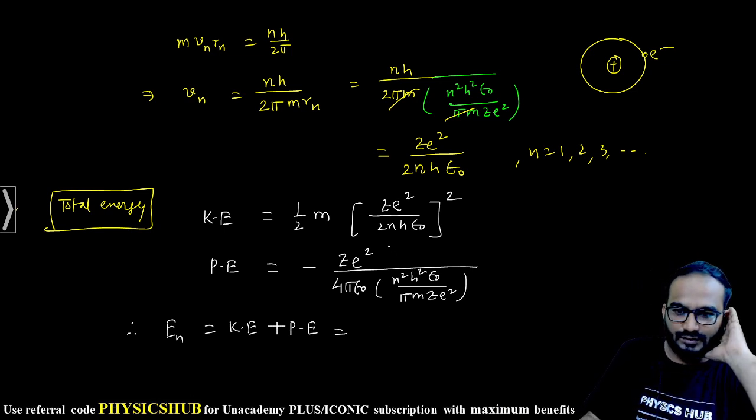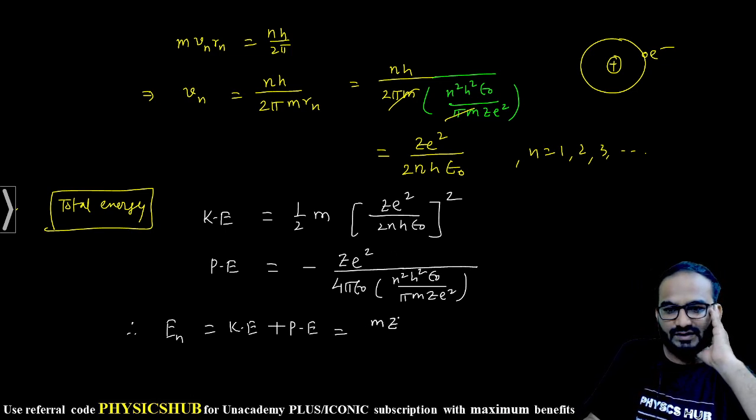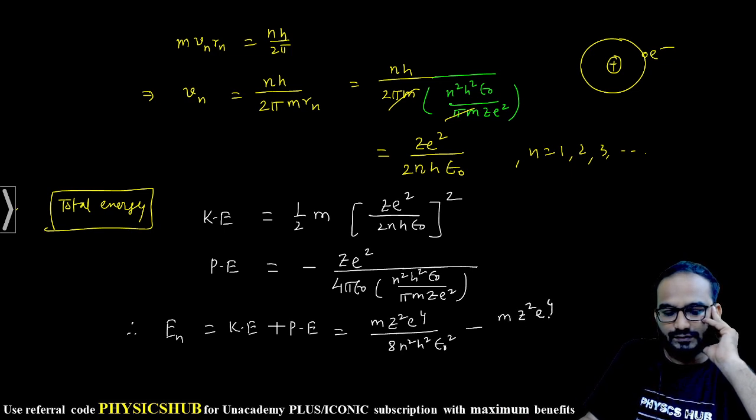So this will give you m Z² e⁴ divided by 8 n² h² ε₀², minus m Z² e⁴ divided by 4 n² h² ε₀².